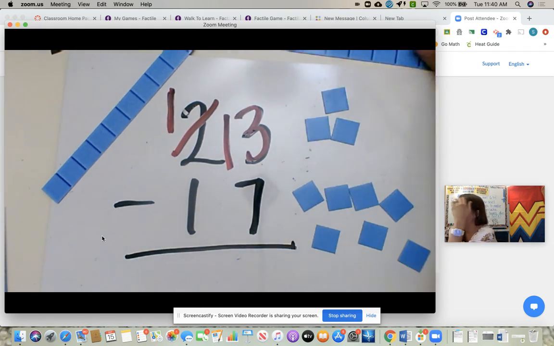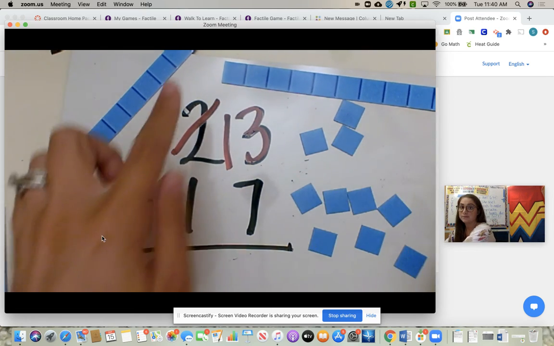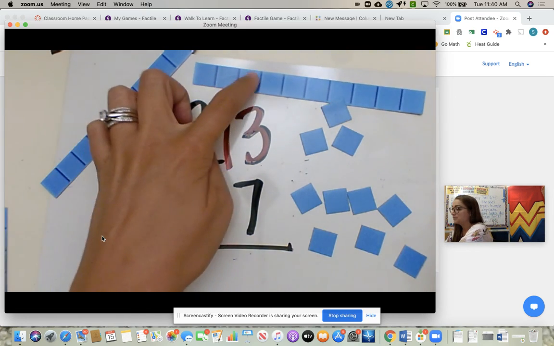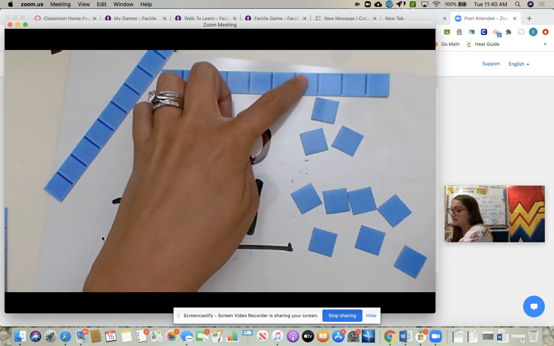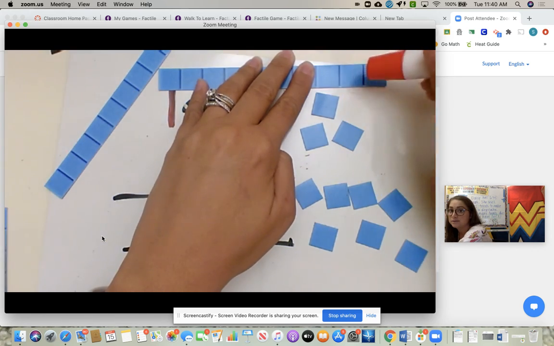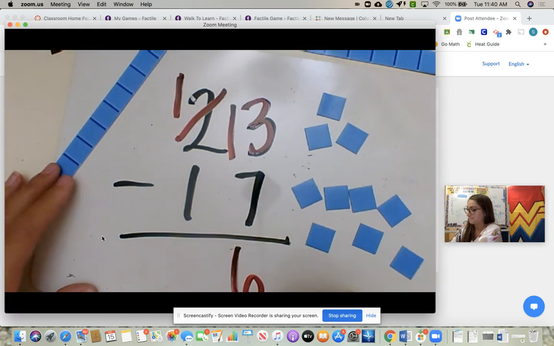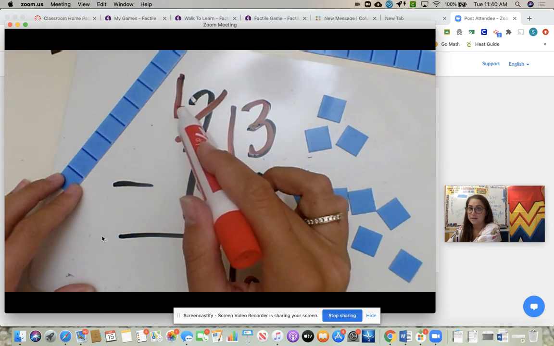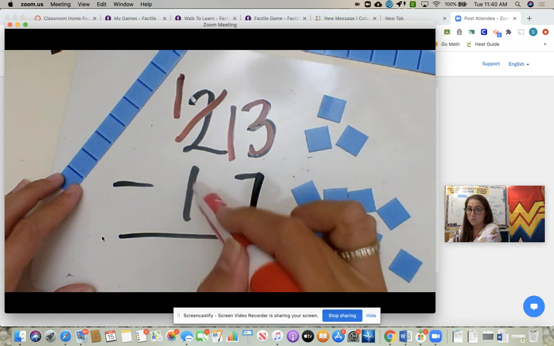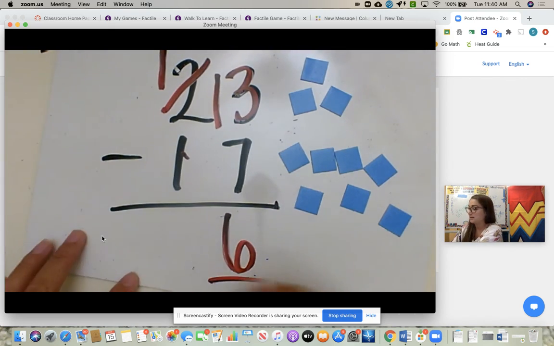So if I have 13, now I'm going to take away 7. Okay, so 1, 2, 3, 4, 5, 6, 7. Those are gone. How many do I have left? 1, 2, 3, 4, 5, 6. And 1, subtract 1, I'm going to take it away, would be 0. So our final answer is 6.